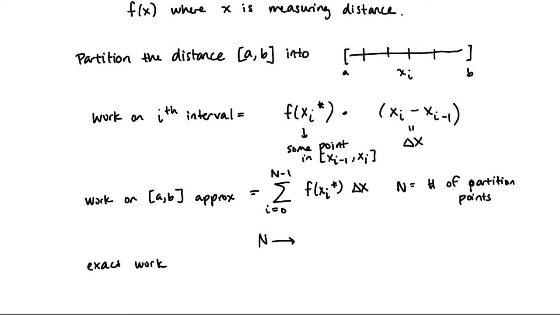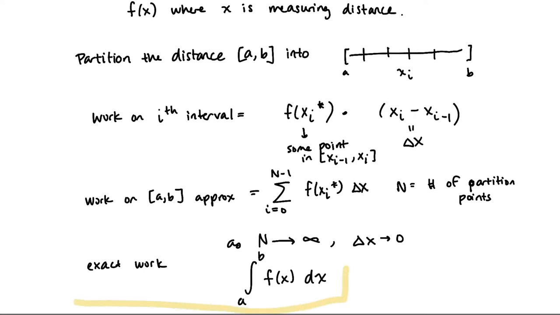We're going to break our interval into infinitely many subintervals. As n goes to infinity, our delta x goes to 0, and this becomes the integral of f of x dx from A to B. And this is the formula that you're going to see popping out at you in a physics textbook. But this is where it came from.